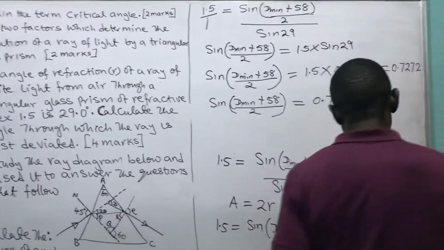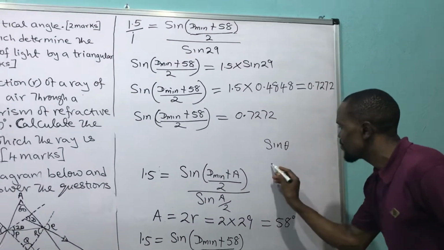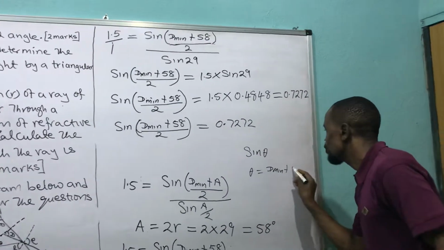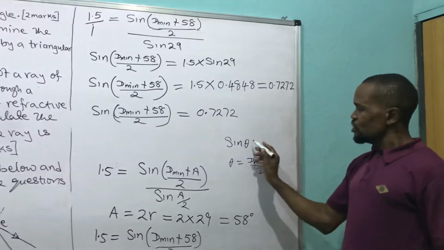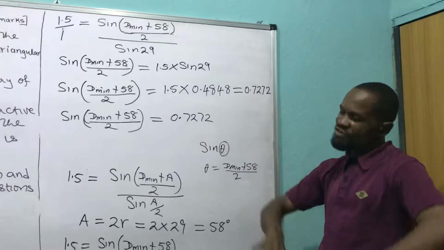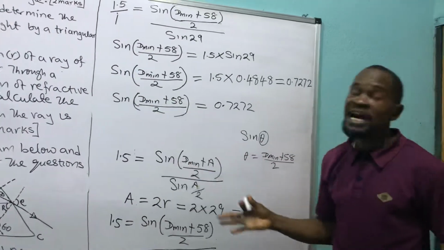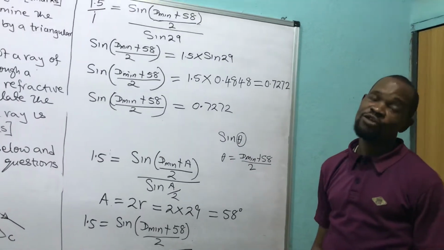Somebody will be confused. If I write sine theta, this theta has turned to dim plus 58 over 2. This one I know as an angle. Whatever it turned to doesn't concern me. I know it as an angle, because this theta is an angle. I think nobody is confused about that.